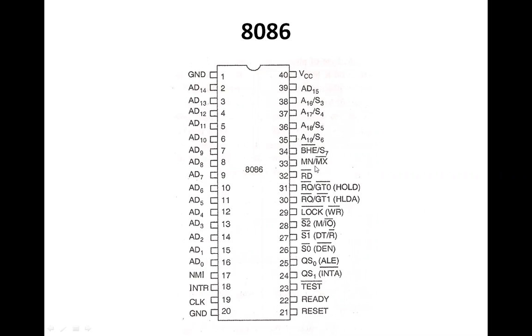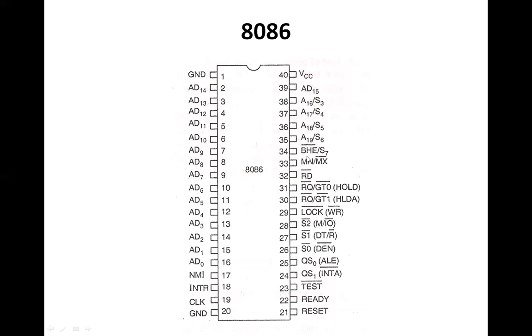Then we have the signal bus high enable /S7. S7 is a status signal, and the bus high enable signal is very similar to the ALE signal of the 8085. This bus high enable pin is going to help the 8086 to enable the most significant data bus bits, that is D15 to D8, during a read or write operation.